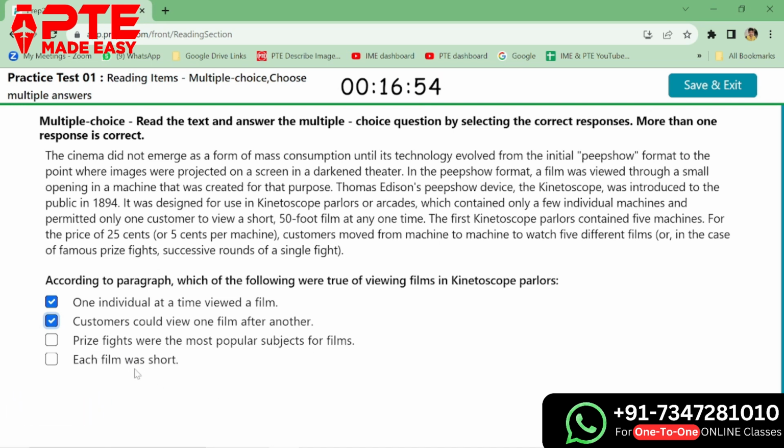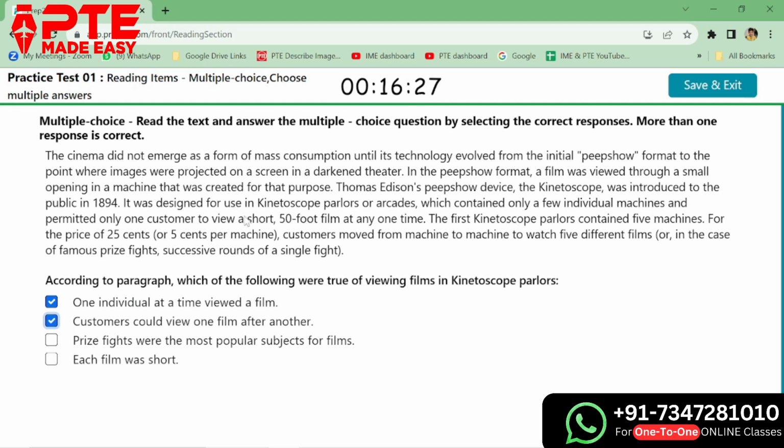Each film was short. Where did we get to know that it was short? We need to see whether they were talking about short or not. They were talking about few individual machines, a 50 foot film, 25 cents, a small opening in the machine.